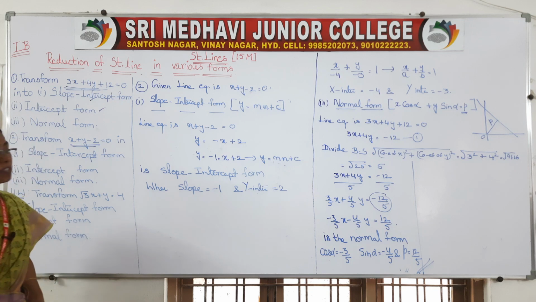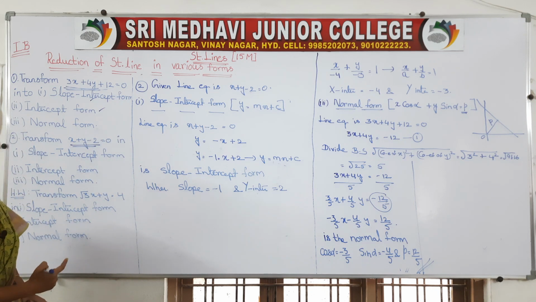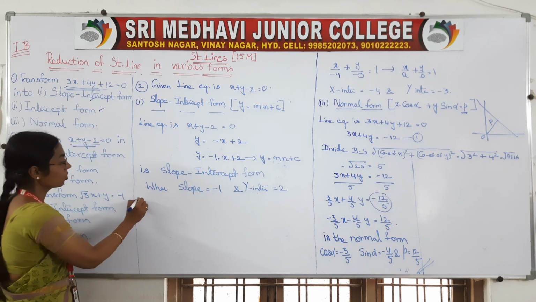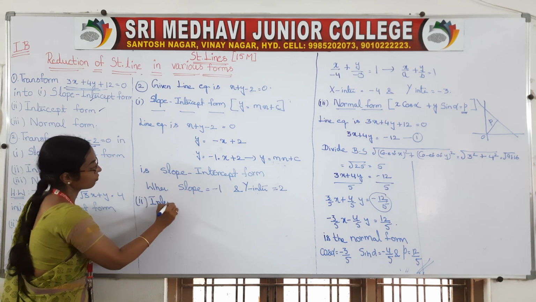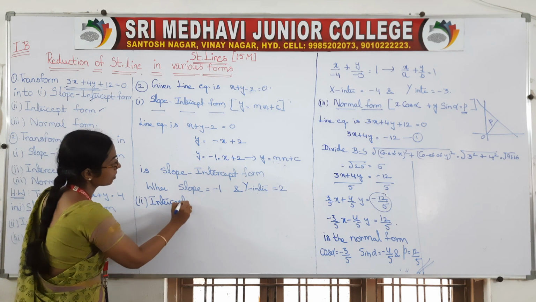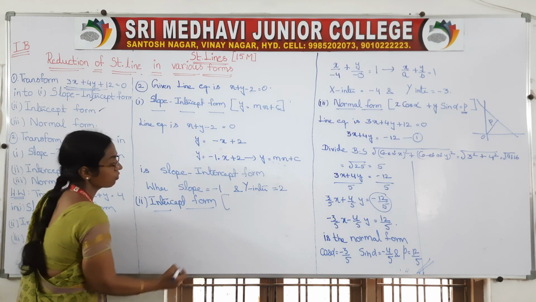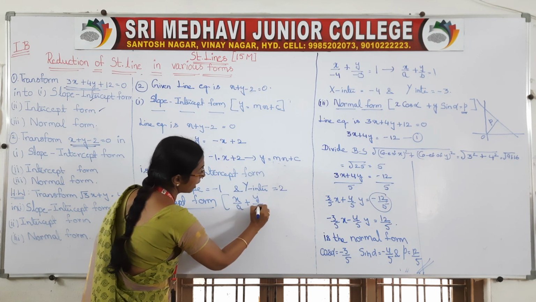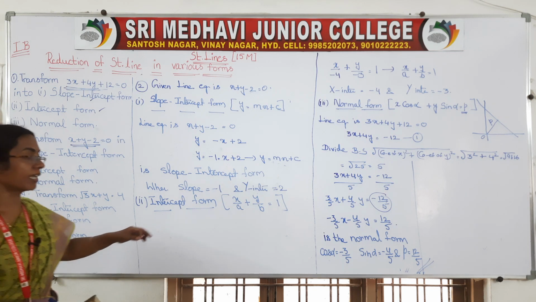So the first one is very easy, girls. Slope intercept is a little bit easy, normal, you should do it consciously. Now come to the second one, intercept form. It should be in the form x by a plus y by b is equal to 1. So try to get 1 on the right side.